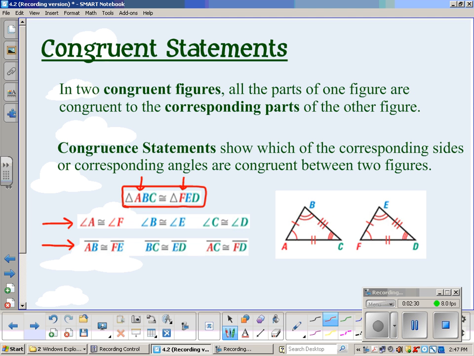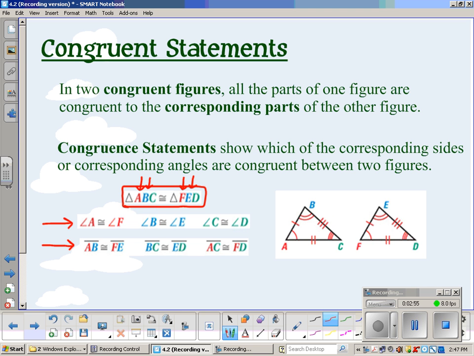Since they're congruent, that means that those two vertices correspond to each other in the triangles. So that's why angle A is congruent to angle F. Now B and E also show up in the second position in both of these statements. So we can see right below, angle B is congruent to angle E because those two vertices correspond to each other.